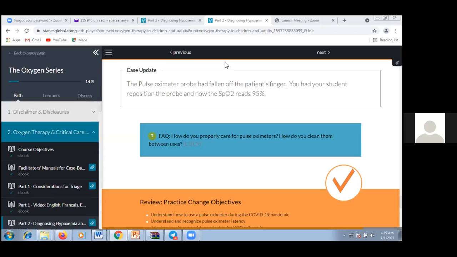So I'm looking into the chat box. You can write it in short, how do you clean it? How do you care for pulse ox? Yeah, we have to be careful not to twist the cable, not to break the machine. These are quite expensive equipment and need to be cared for.